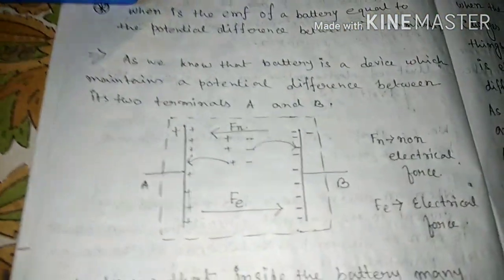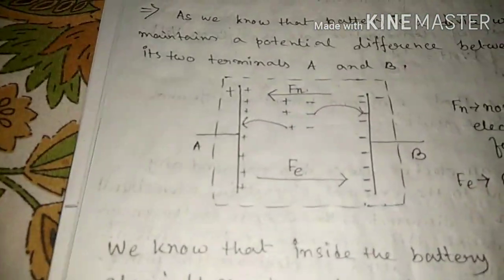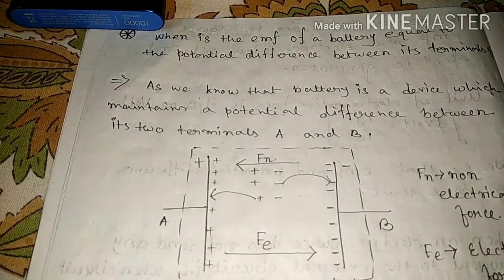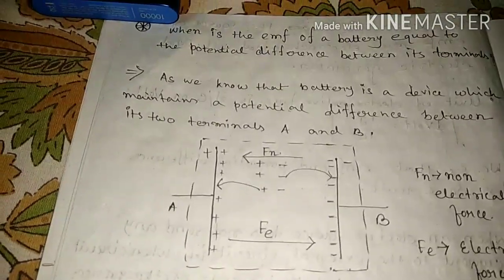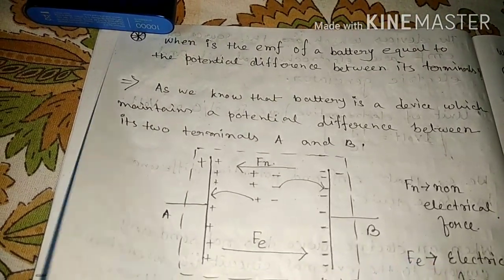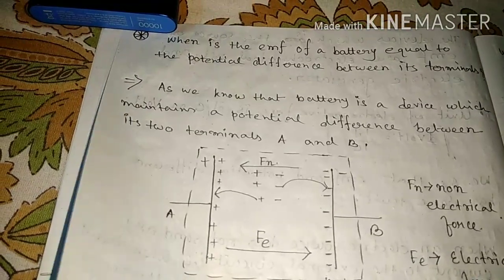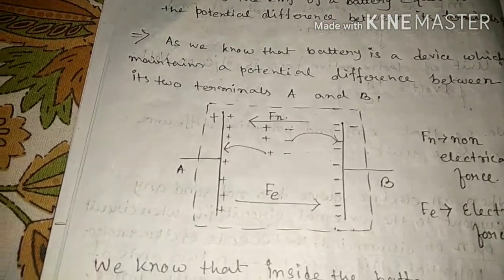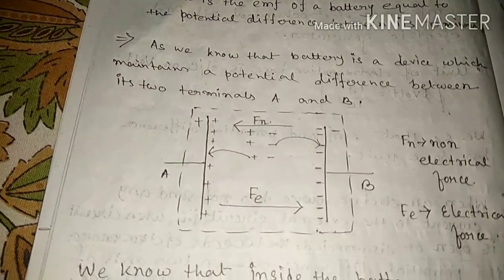Now we discuss the most important topic, and from here you can understand why EMF is equal to the potential difference. So when is the EMF of a battery equal to the potential difference? First of all, we discuss the structure of an electrochemical battery.